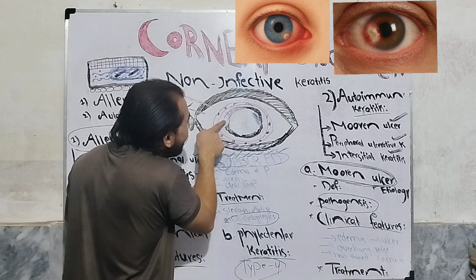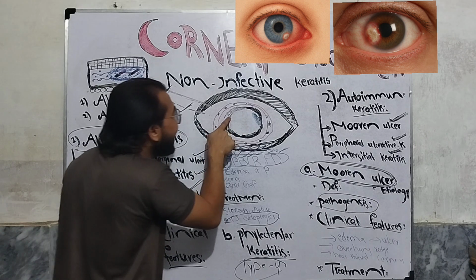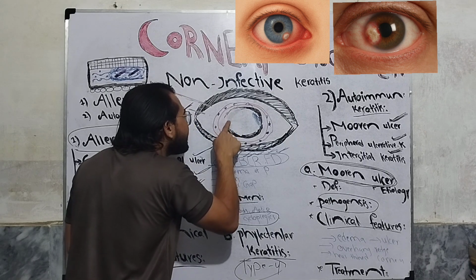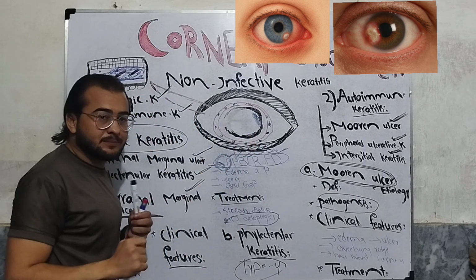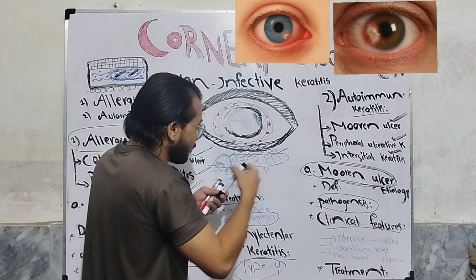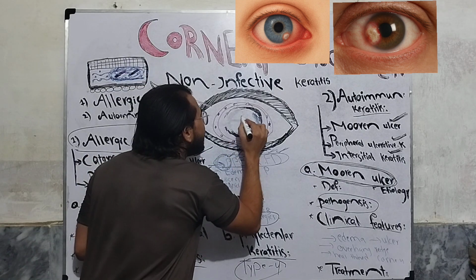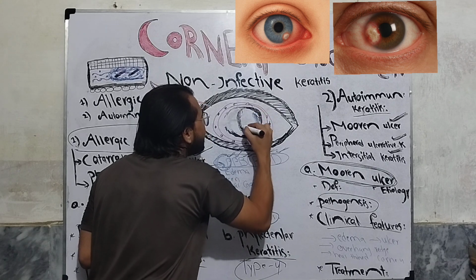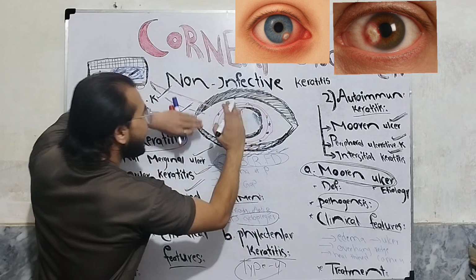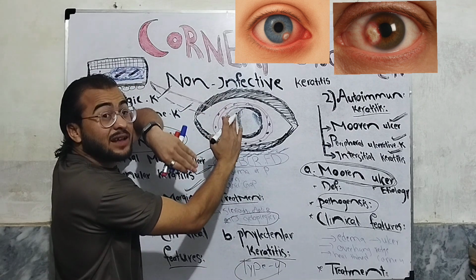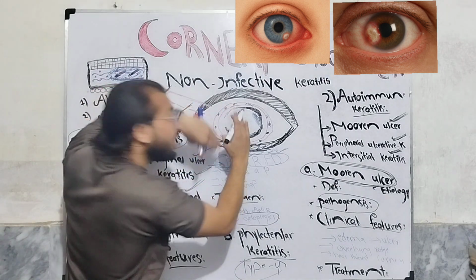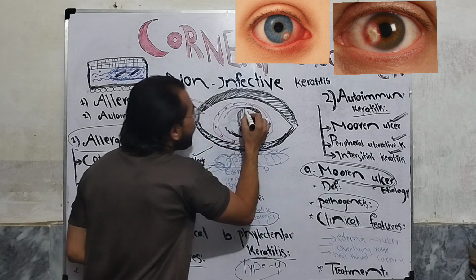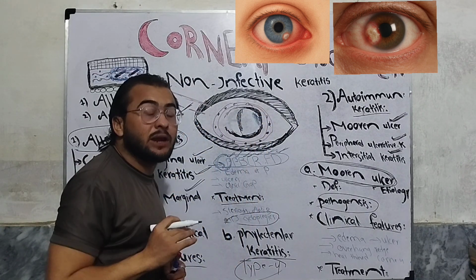It moves to the center of the cornea as well as circumferentially to the periphery. At the advancing edge of the ulcer, there is an overhanging ridge, and it looks like the ulcer is digging into the cornea.